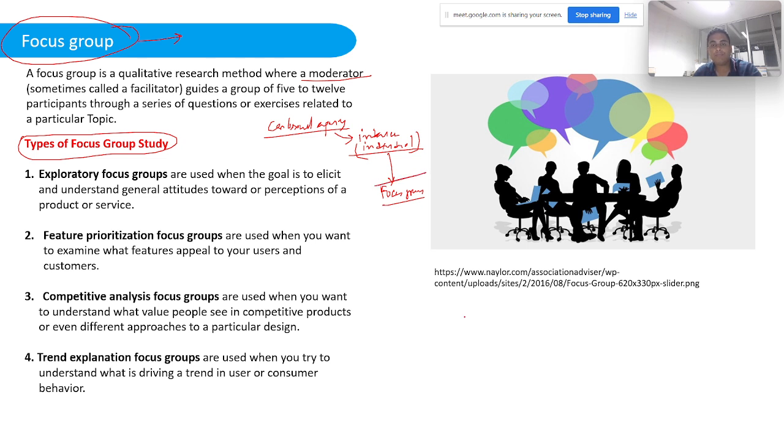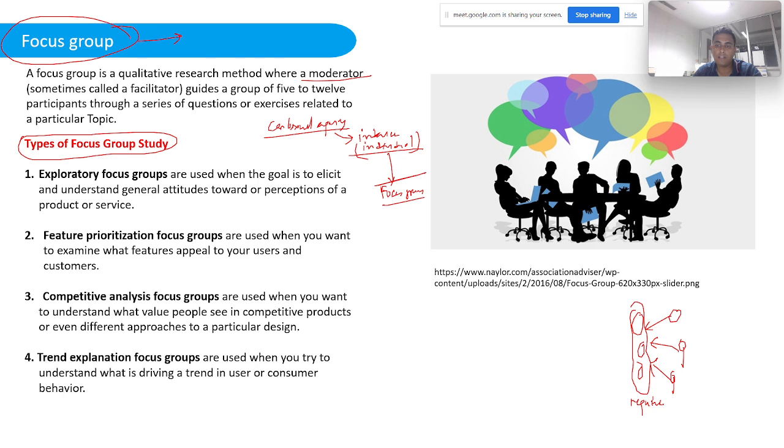For example, if we visit a hospital and we see a particular disease condition, and there are two or three patients whom we observe in a contextual inquiry, we see a similar disease condition, then we get to know only the requirements or the problems from the perspective of a patient.